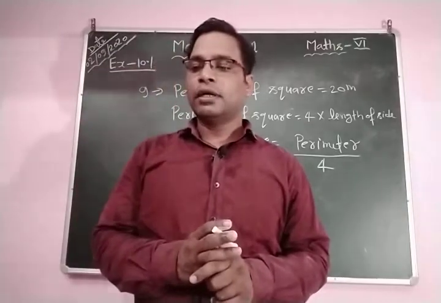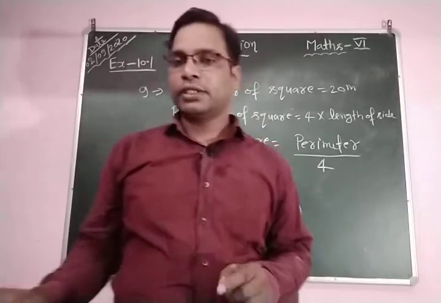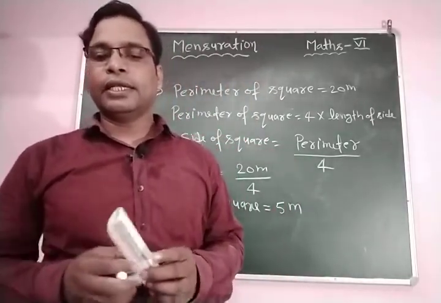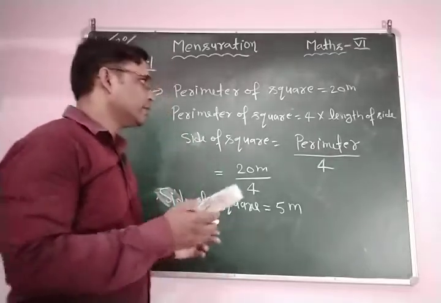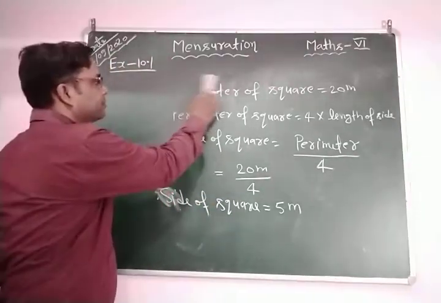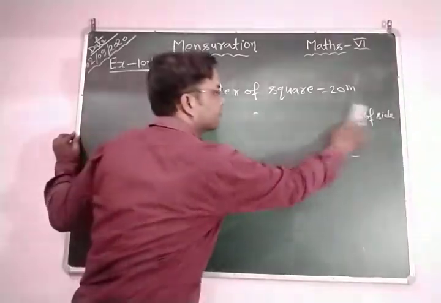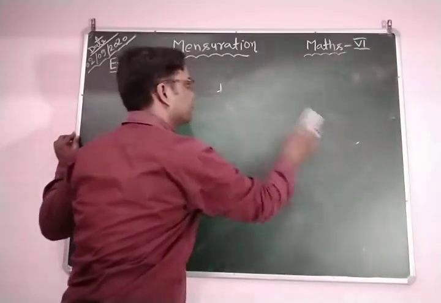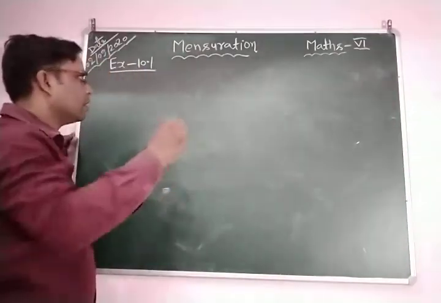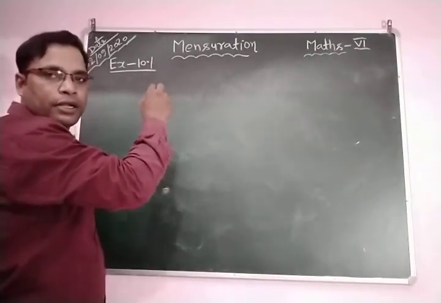Find how long its side is. Here, the perimeter of the regular pentagon is given as 100 centimeters, and we need to find the side of the regular pentagon.